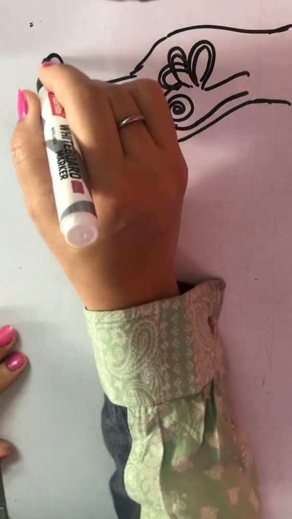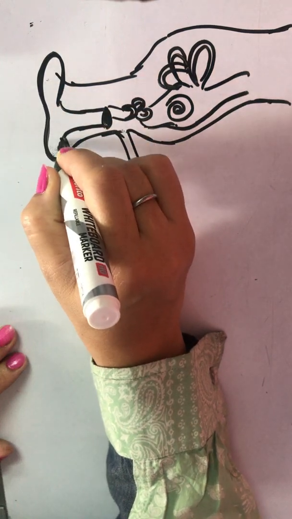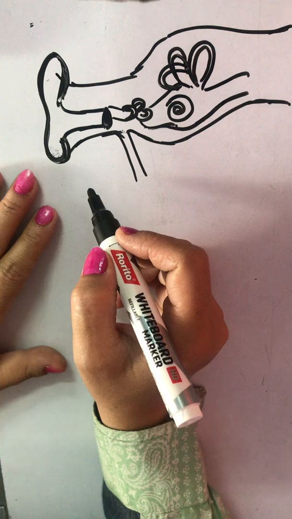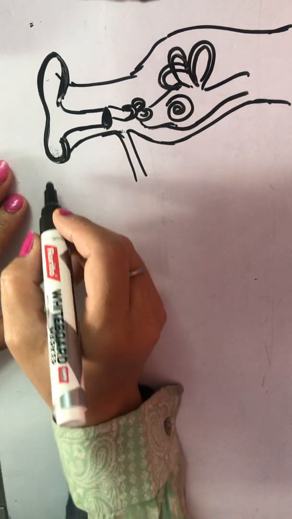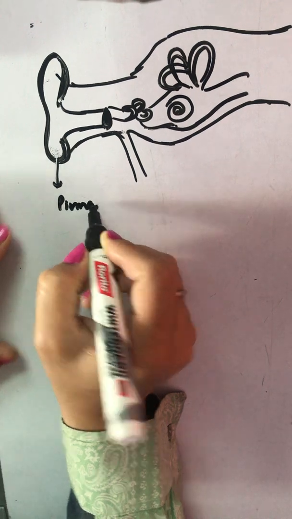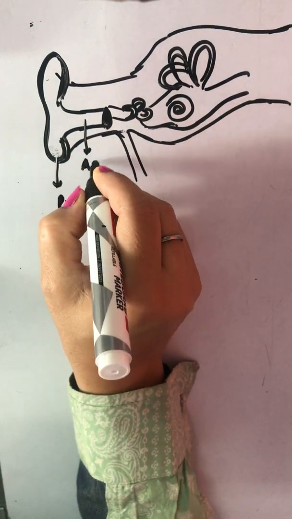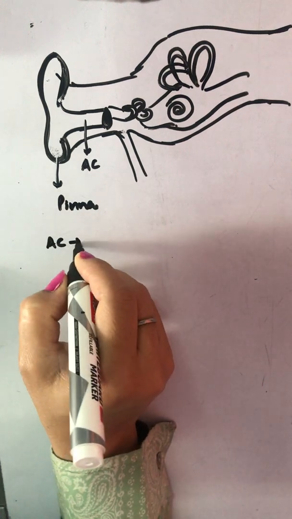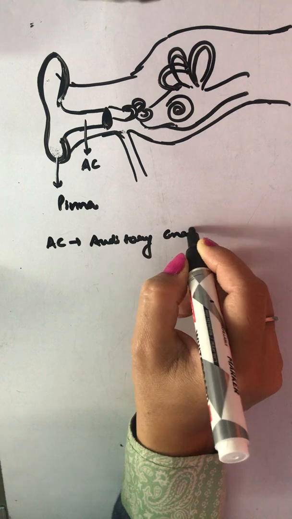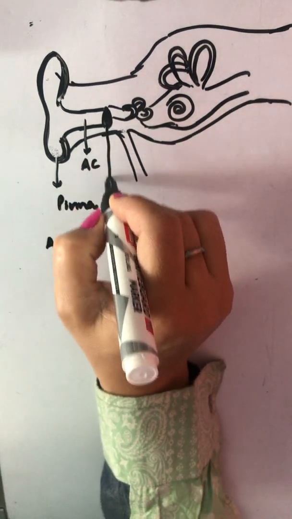Now let's draw a bigger pinna, a bit bigger. This one is the pinna, then is the auditory canal. Then it leads to the tympanum.